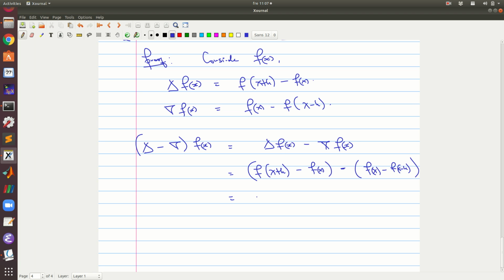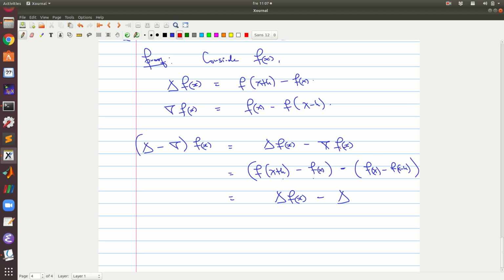We can retain this as it is by definition.